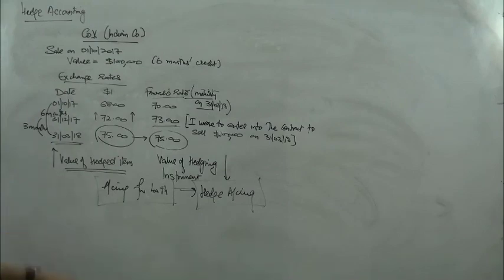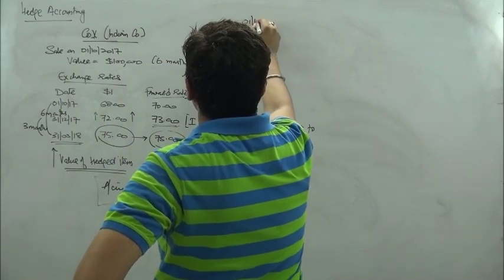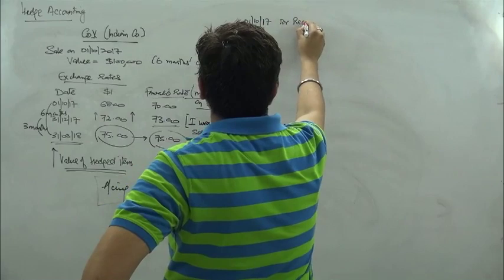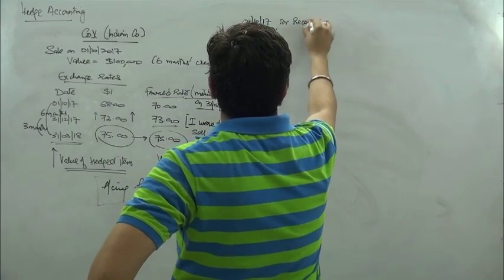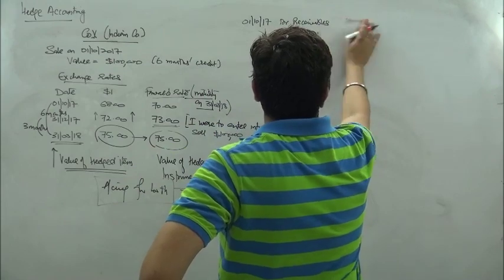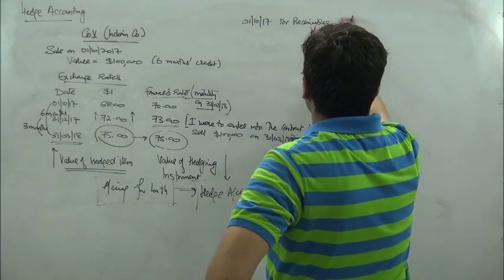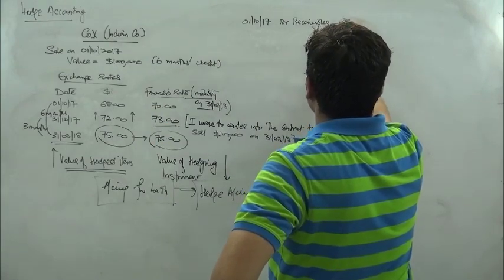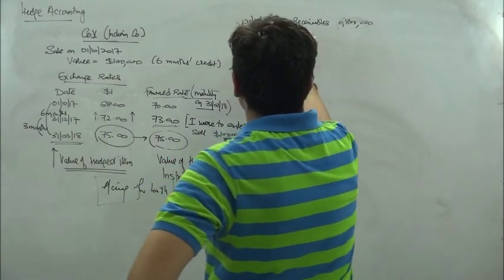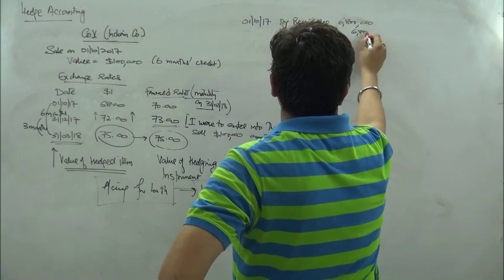Okay, so given these rates, on 1st of October 17, there is a receivable in my books, $100,000 at 68. So we are saying that this becomes 6.8 million. Of course, I'll book my sales accordingly.